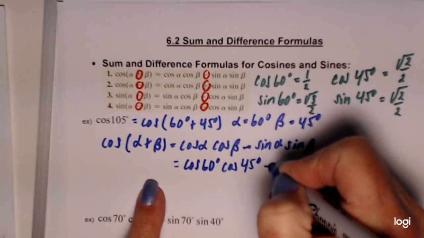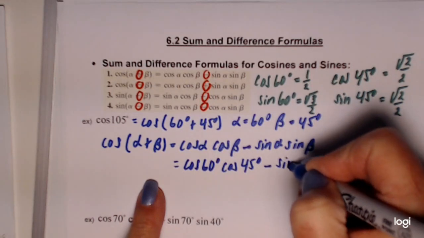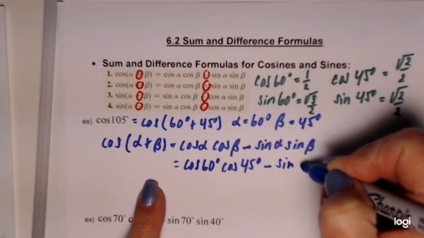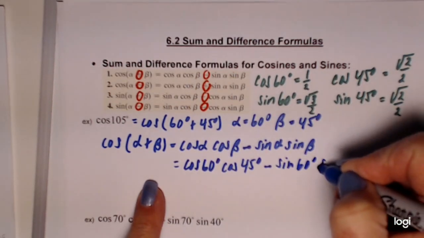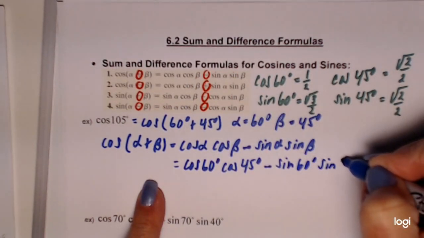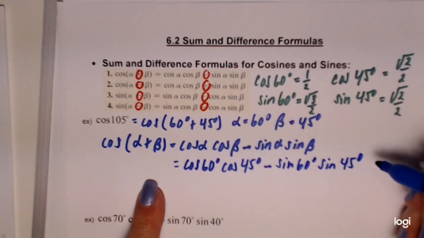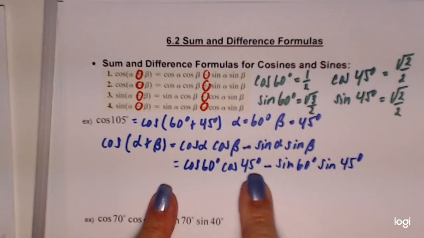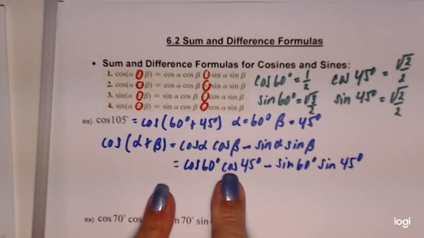Now our subtraction from our formula: the sine, since alpha is 60, we're going to look at the sine of 60 degrees. And then since beta is 45, the sine of 45 degrees. So here's the general form of the formula, and here I've substituted in our specific angles for this example.